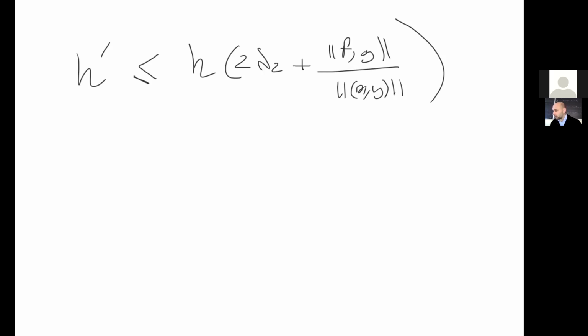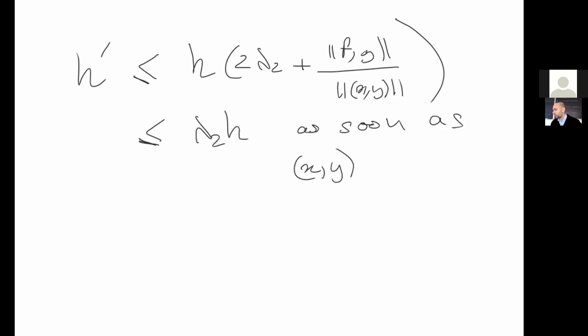So for example, this is less than lambda 2 H, as soon as (x,y) is close enough to (0,0).